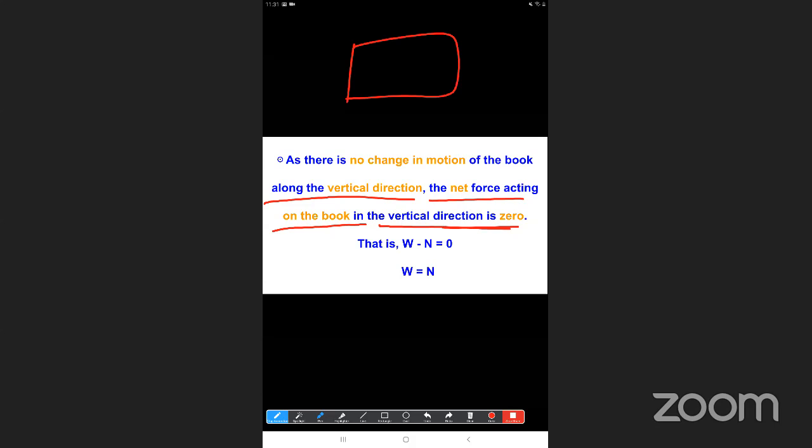Because of these 2 forces, there is no change in motion of the book along the vertical direction.